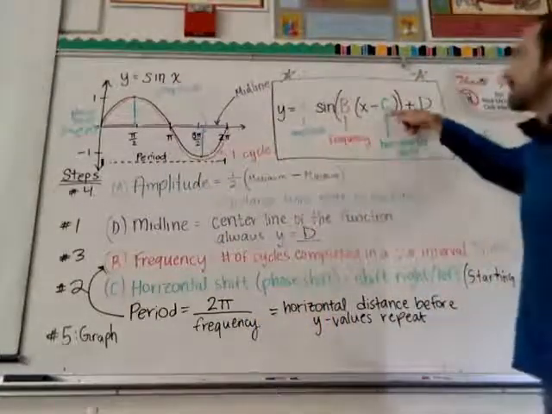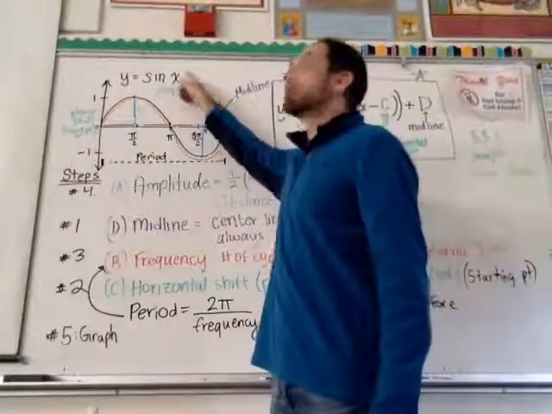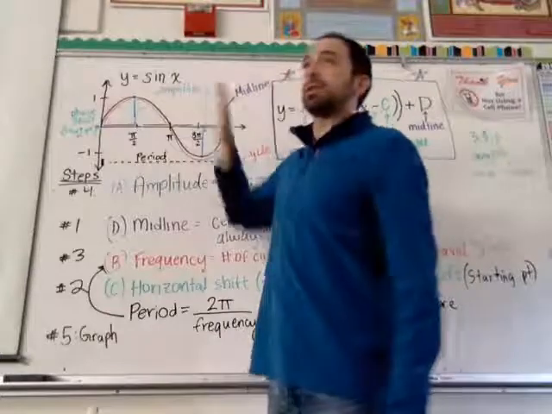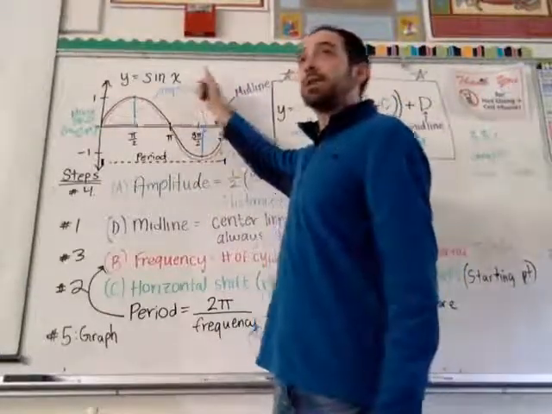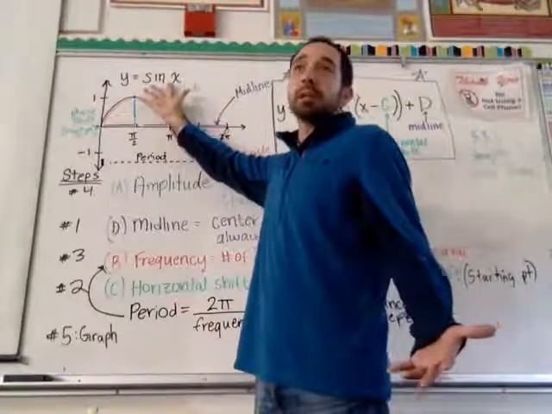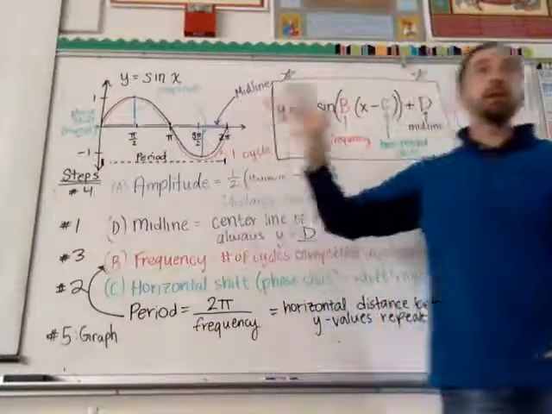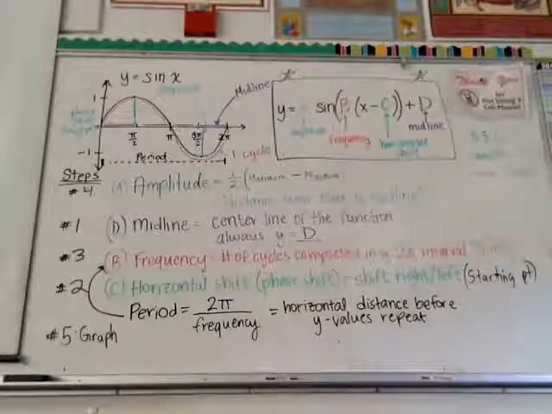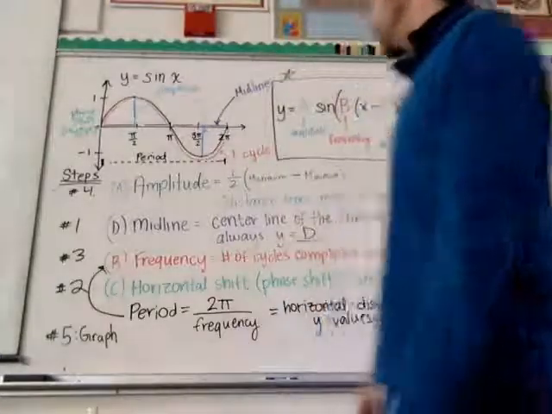Let's see, C. We don't have anything connected to the x, so there's not a translation in the horizontal way. And we don't have any D value right here. So essentially we do have A, B, C, and D values for just the regular sine curve, but what we get is a regular sine curve from this. We're going to be manipulating that using those 4 elements: stretching, compressing, moving up and down, making the amplitude 1.